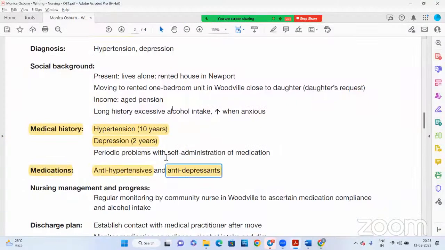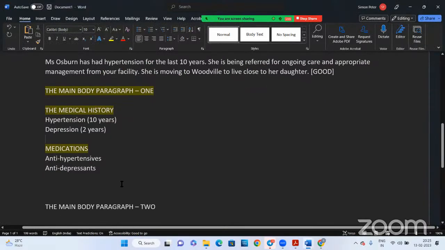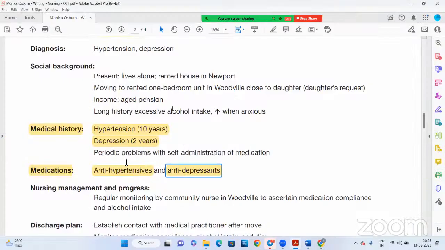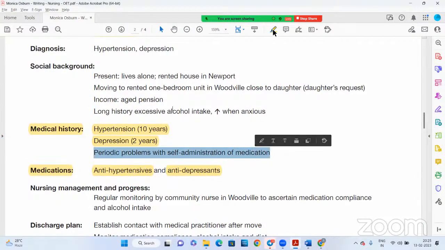Next one is periodic problems with self-administration of medication.